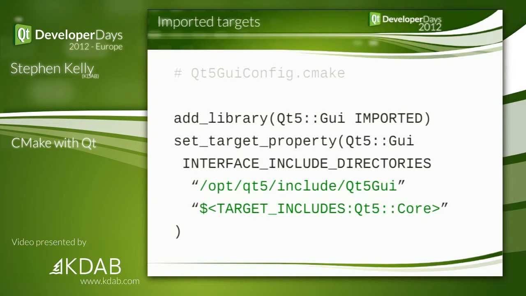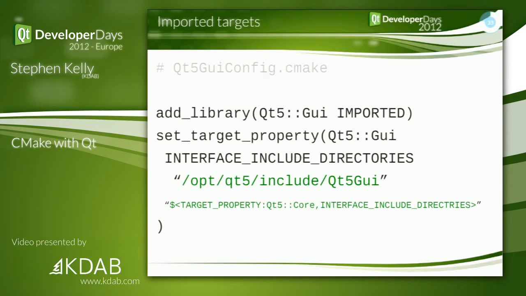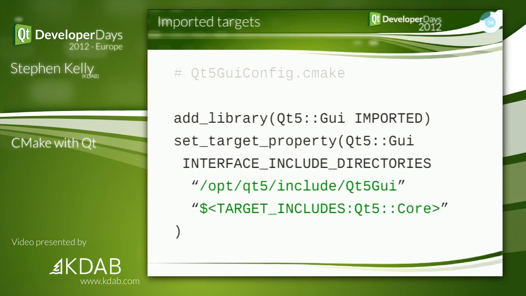And that contains Qt5 GUI include there, and it also includes a special syntax to say, I also need to include the include dirs of Qt5 core. In reality, this syntax is a little bit more complicated, but let's pretend it's simple. So again, these are features that are going to become available next year. I stopped putting that in my slides, but this is CMake that you'll be able to use in 2013.